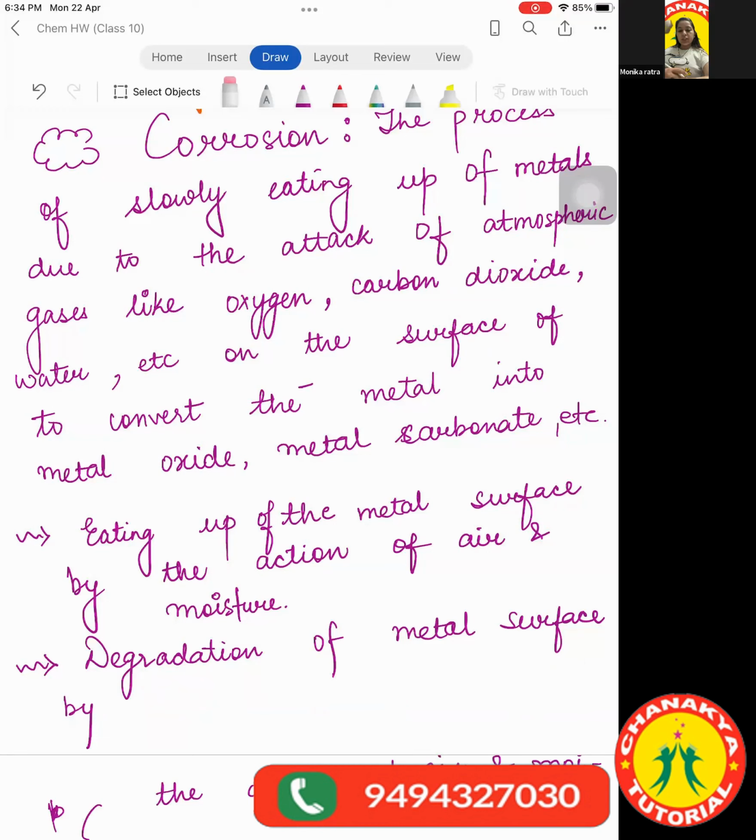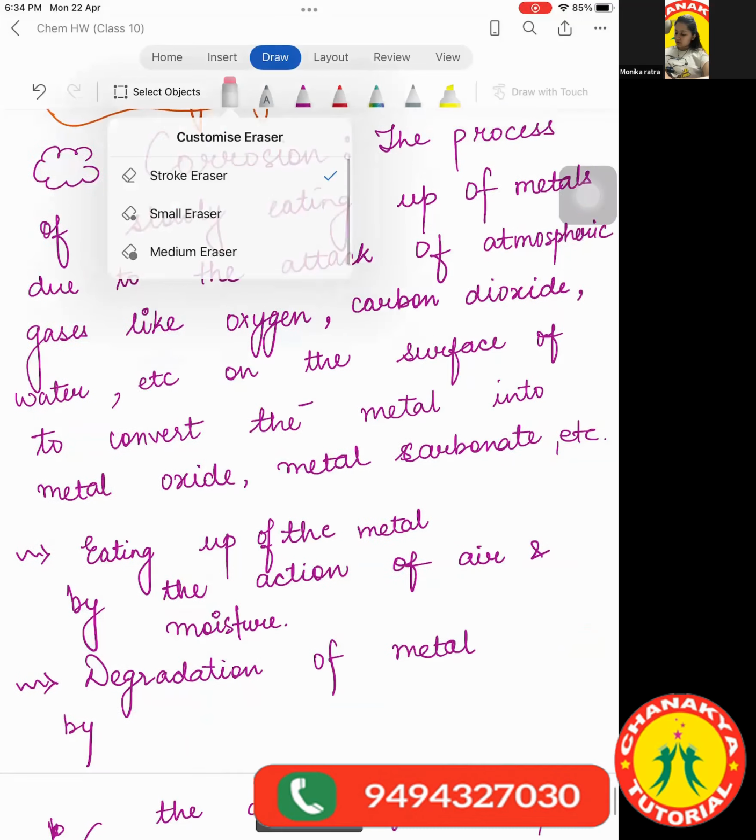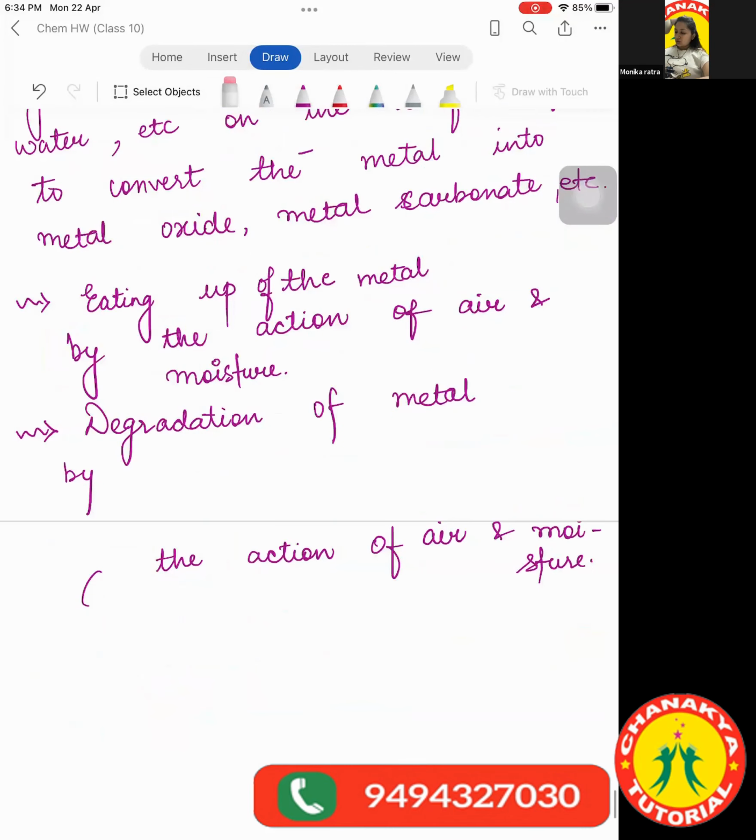Everyone is clear with the definition of what actually corrosion is. 1 second, it got erased by itself. I'll read it. Eating up of the metal surface by the action of air and moisture, degradation of metal surface by the action of air and moisture.